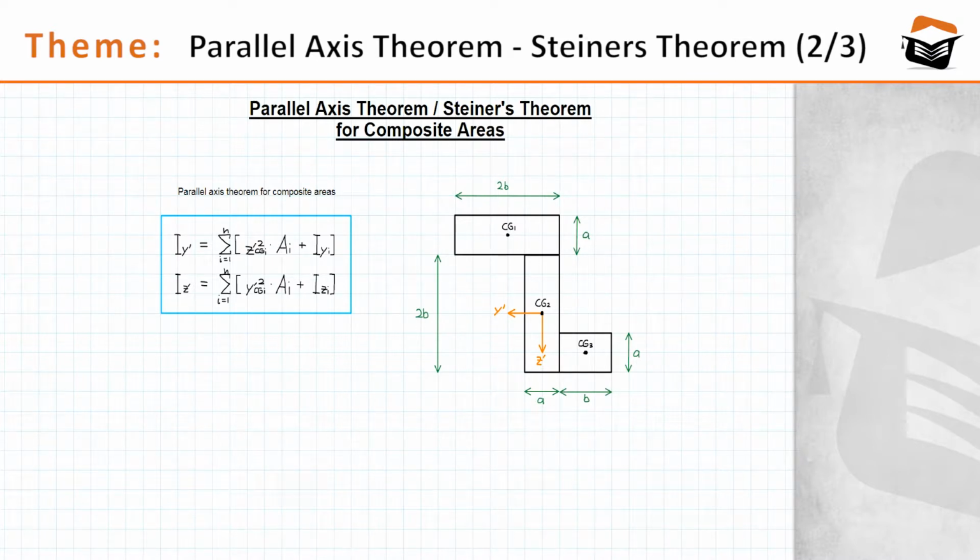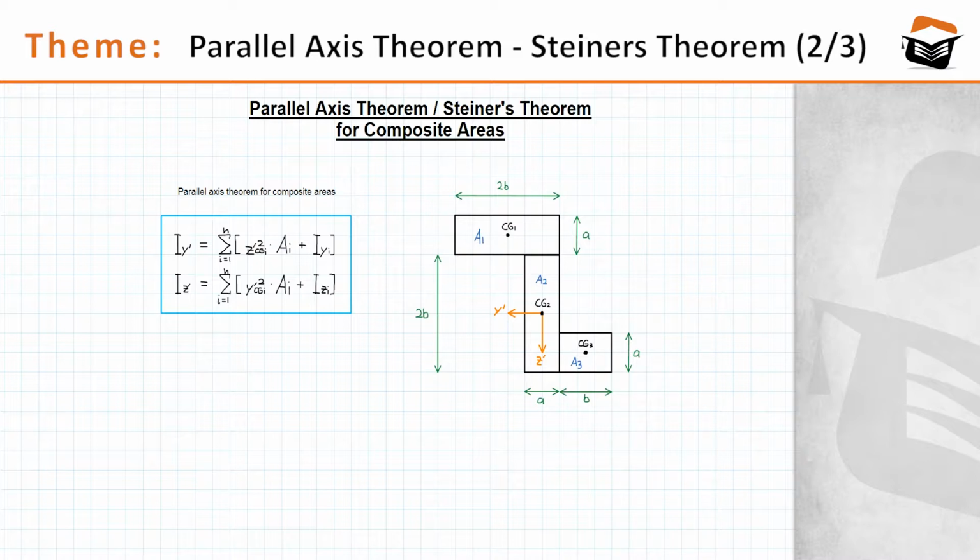Let me start working out the mathematics. We're going to compute the area moment of inertia of the first partial rectangle. That partial rectangle will be labeled as A1, the second as A2, and the third one as A3.